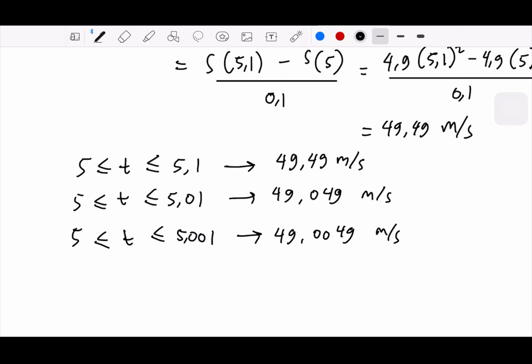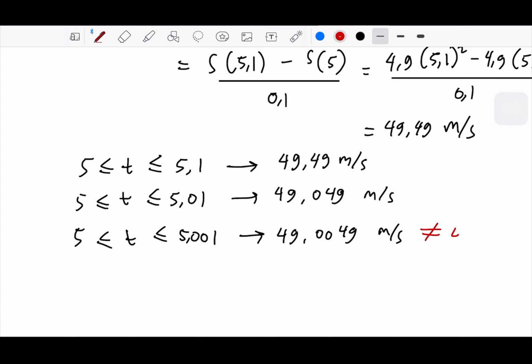And it is, again, similar to the previous problem. When we make the interval closer and closer, shorter and shorter, from 0.1, 0.01, 0.001, if you take maybe 0.00001, you will have a number that is 49.000 something. But in mathematics, this is not equal to 49.